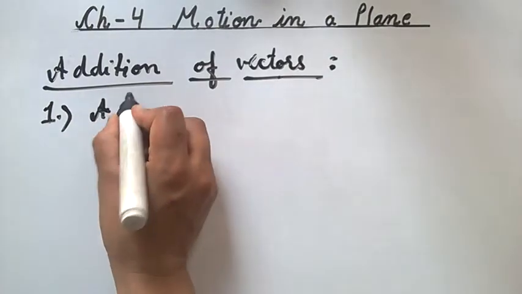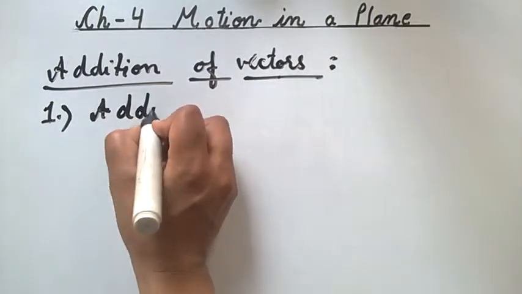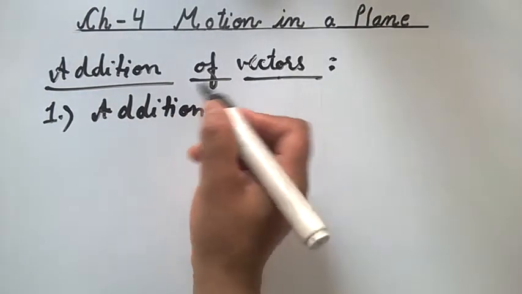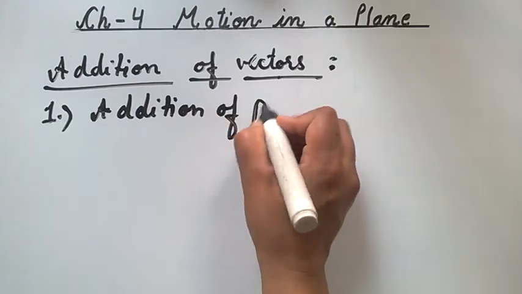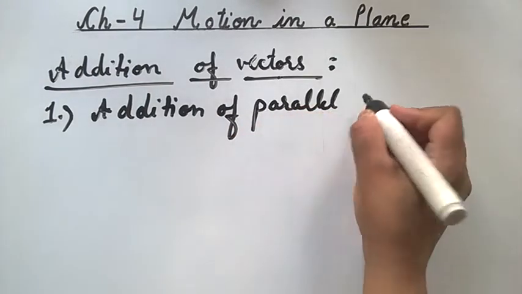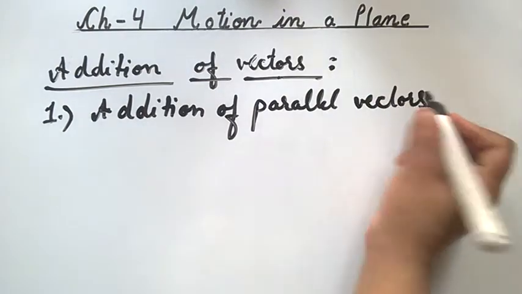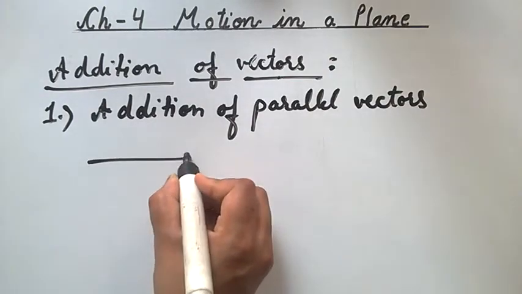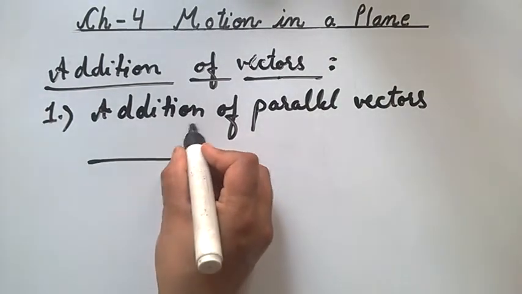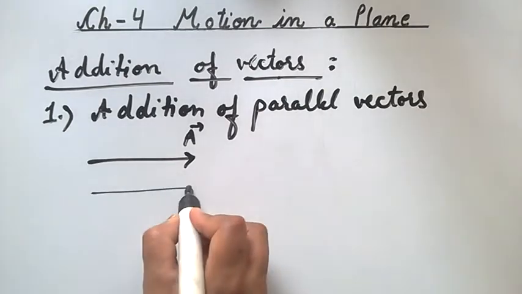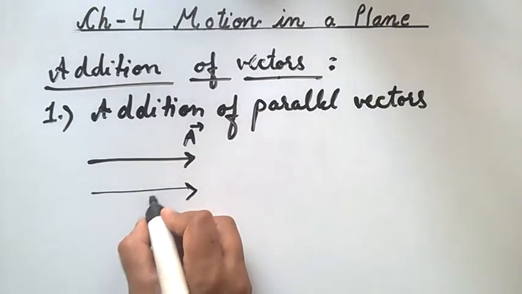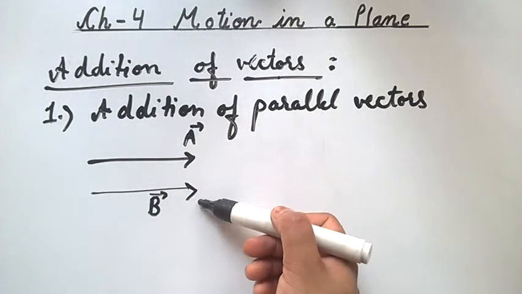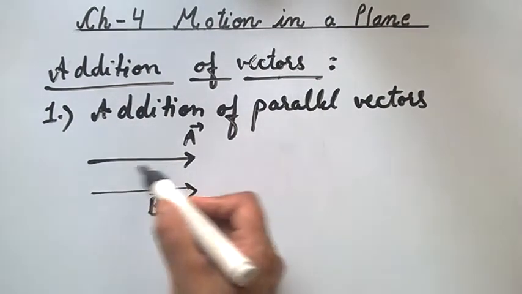we are adding two parallel vectors, that is, they have the same directions, or they are collinear, two collinear vectors. Let us suppose this is vector A and this is vector B. They may or may not have equal magnitudes, but their direction should be the same.